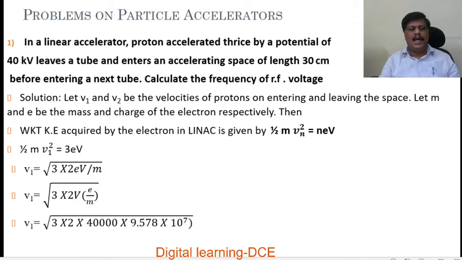So we can calculate the value of e by m ratio, that is specific charge of the proton, by substituting the charge of the proton and the mass of the proton.